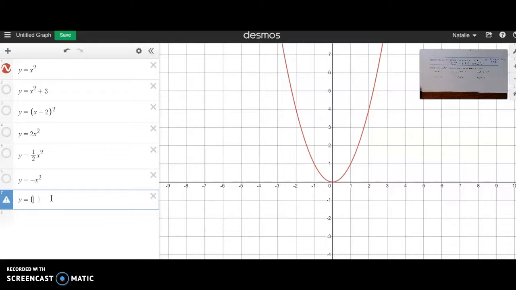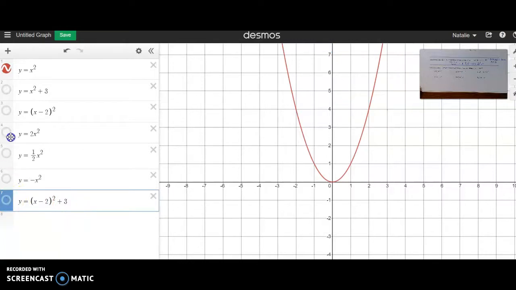I'm going to guess that if I do x minus 2, square that, and then add 3 on the outside of the function, that gives me a parabola that looks exactly the same, where the vertex is now at (2, 3). So when your quadratic is written in vertex form, you can see that 2 is the x-coordinate of the vertex, and the 3 on the outside is the y-coordinate of the vertex.